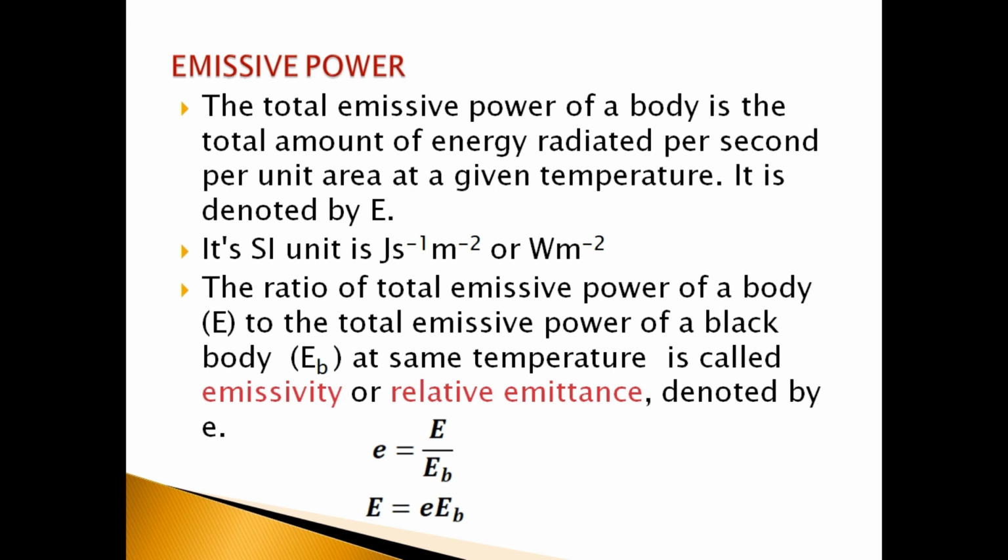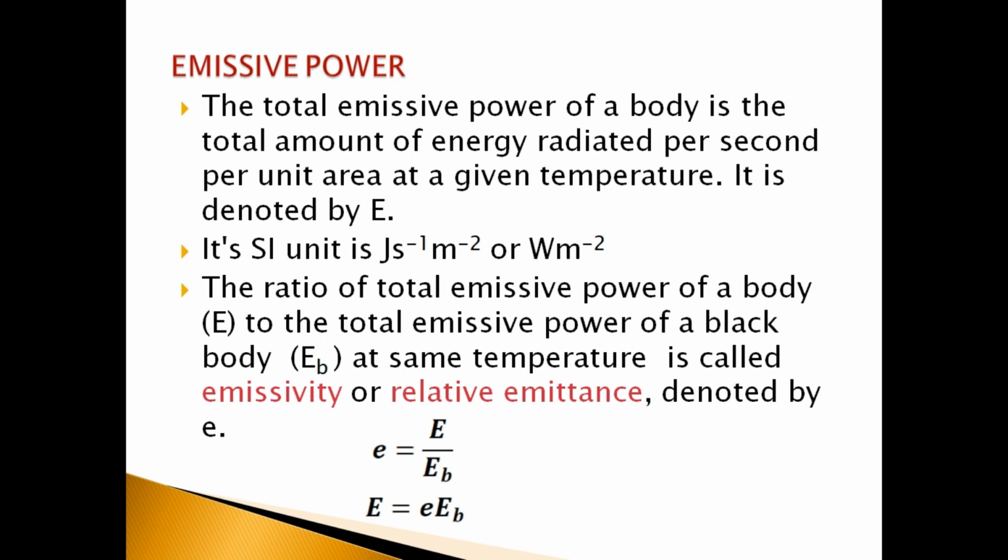Now, small e, relative emittance or emissivity, is equal to emissive power of the body divided by emissive power of a black body. It can be written as emissive power of the body E is equal to emissivity small e times emissive power EB of the black body.